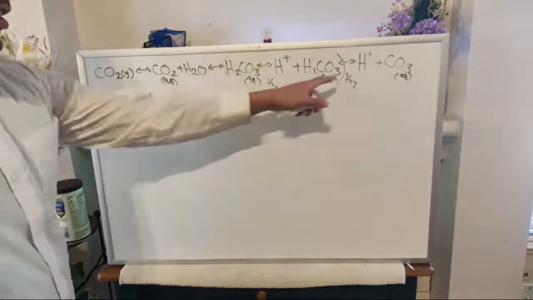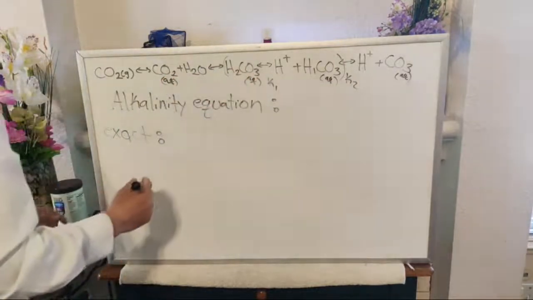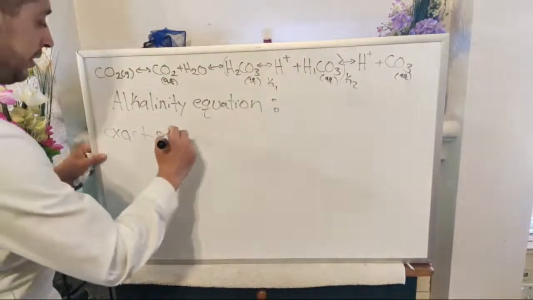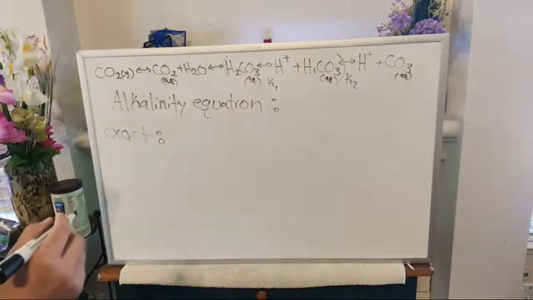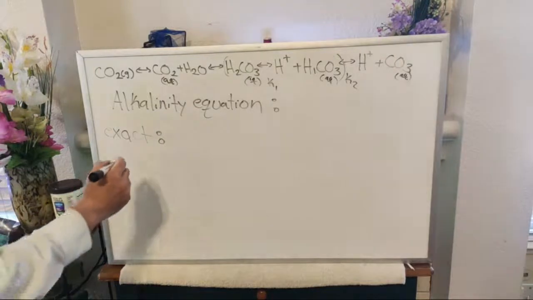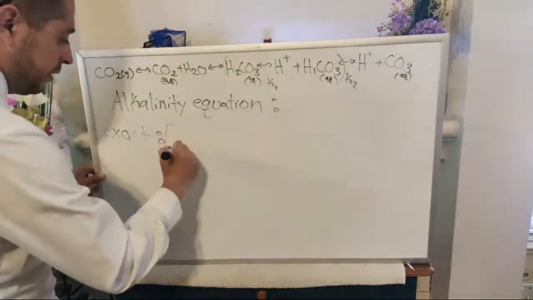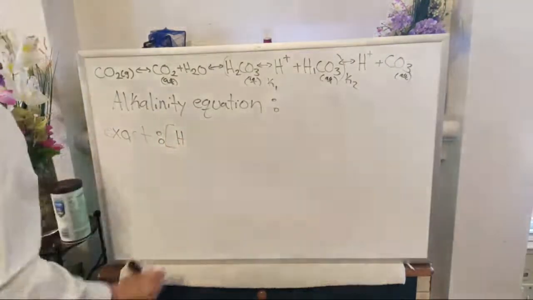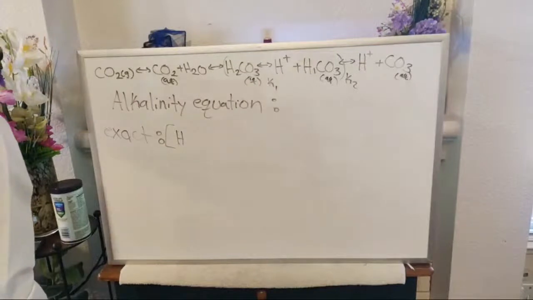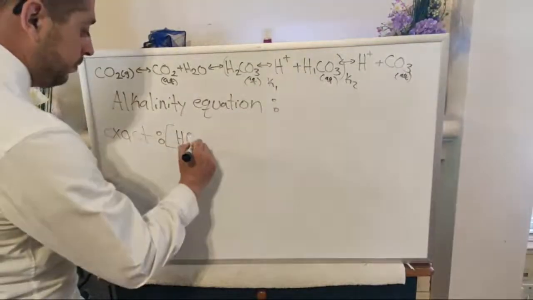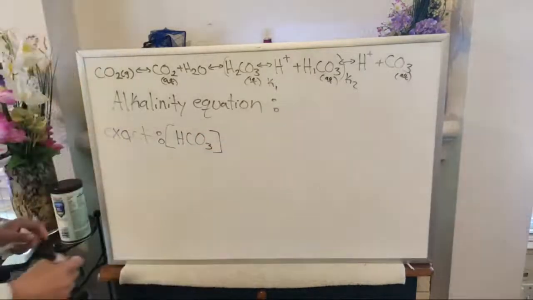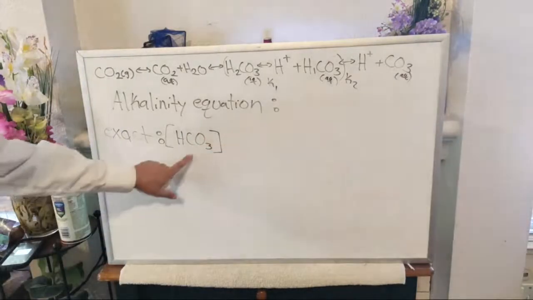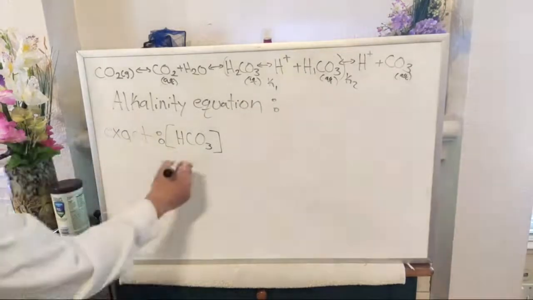So once you figure out the concentrations of everything, this is the exact way to get the alkalinity. You get the concentrations of, what is this? HCO3. HCO3 is the same thing as before.